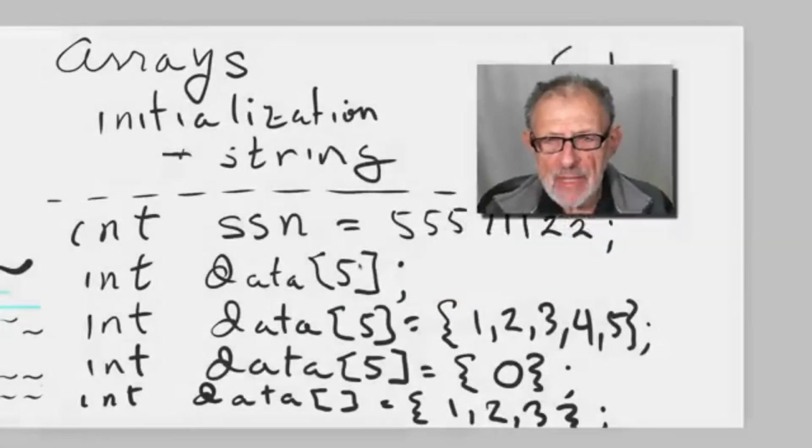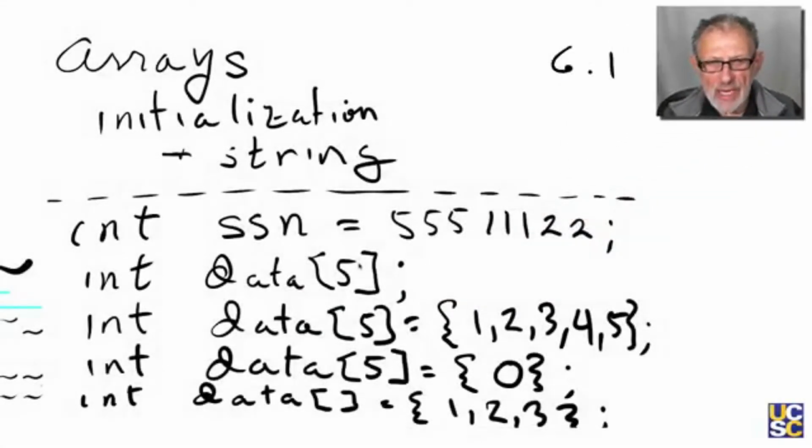Now we're going to focus on the topic of arrays and how to initialize them, and especially how to deal with the concept of string. String is not a data type in the C language.